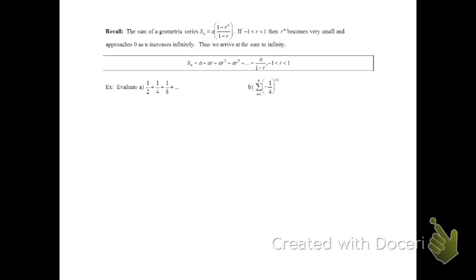It just gets to be such a small, insignificant number that we say that it's approaching zero as it goes off into infinity, as the fractions get smaller and smaller.